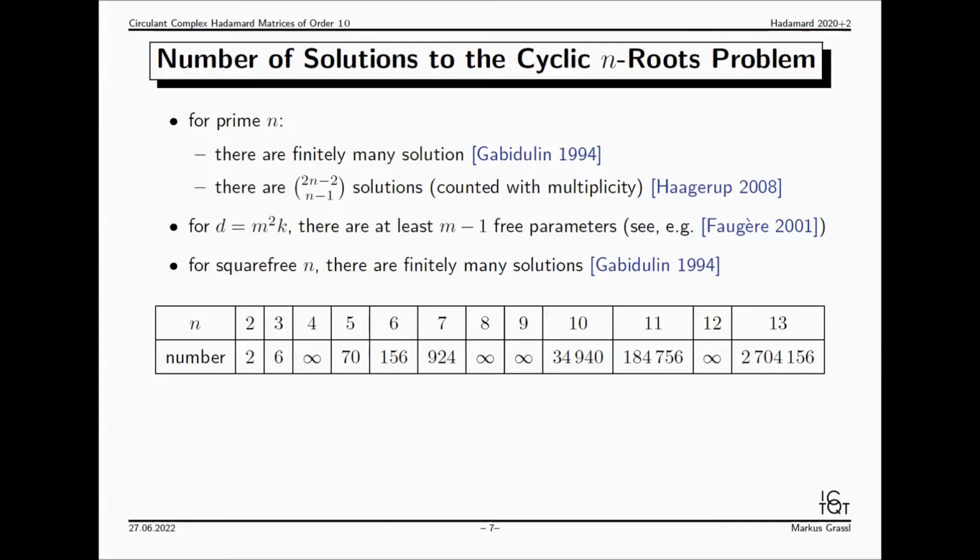Then also something that has been known for very long, I nonetheless put a more recent reference by Faugère, since he has a nice explicit formula and construction for that. Whenever our dimension contains a square factor m squared, then we have at least m minus 1 free parameters in the system. I don't know whether this is still a conjecture, one knows that at least that many.